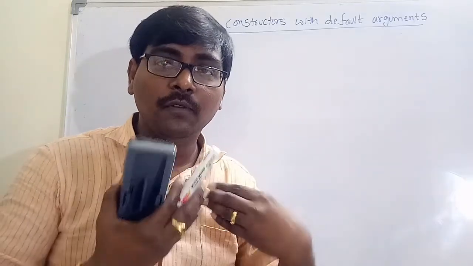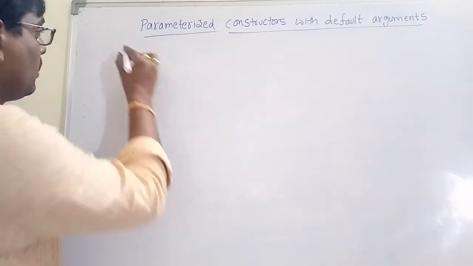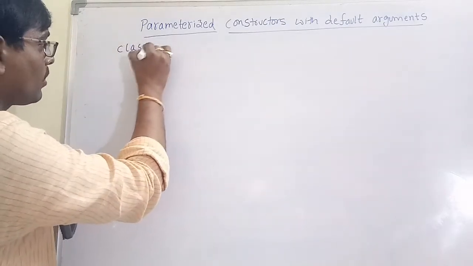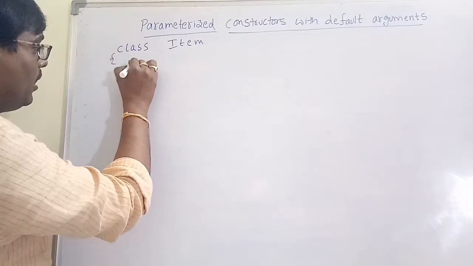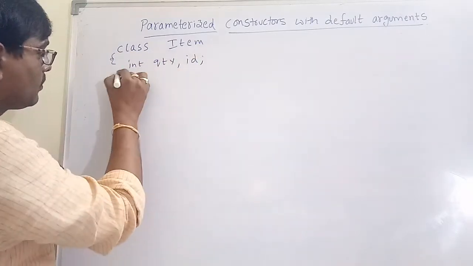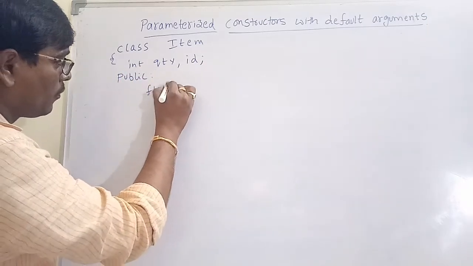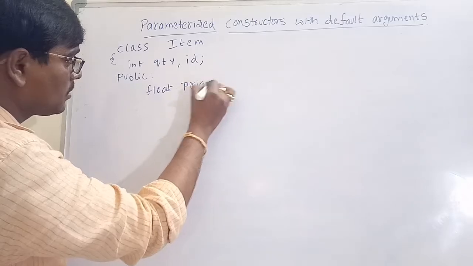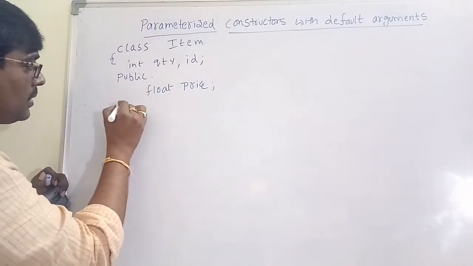That is, I am defining a constructor with default arguments. See the example: class item, int quantity, id, public, float price. Okay, this is the normal thing with three data members.